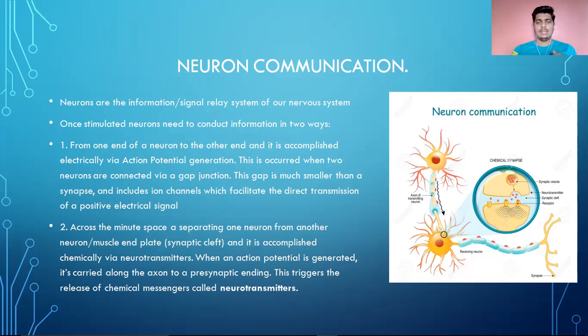When an action potential is generated, it's carried along the axon to a presynaptic ending, and this triggers the release of chemical messengers known as neurotransmitters. We have seen what axon and synaptic ending are.